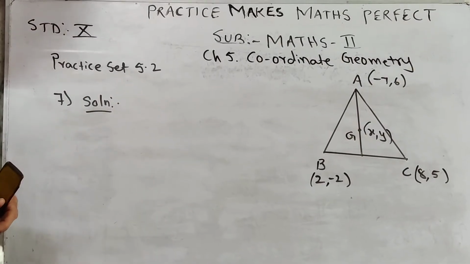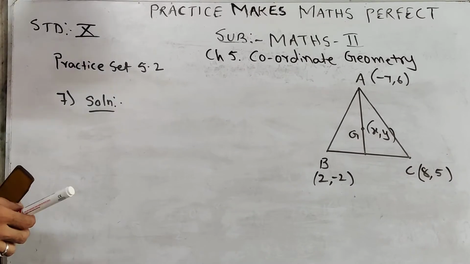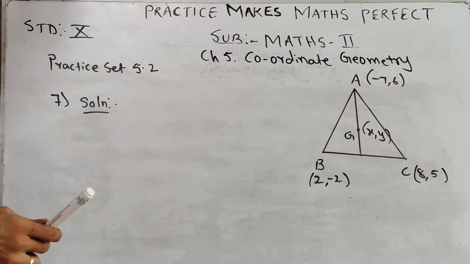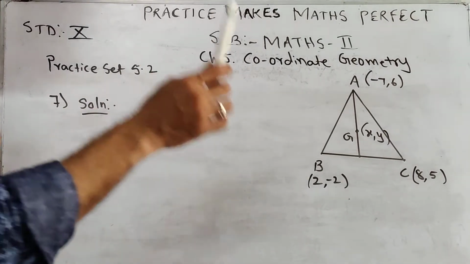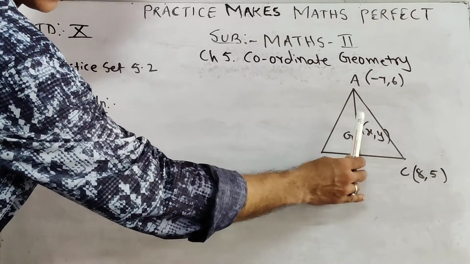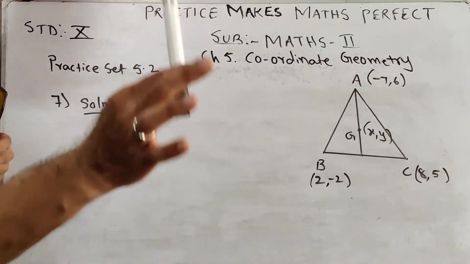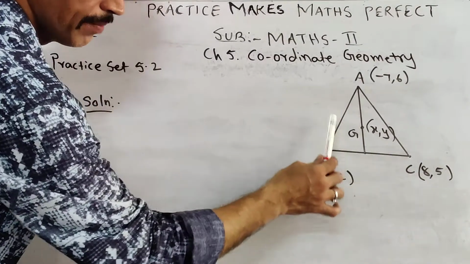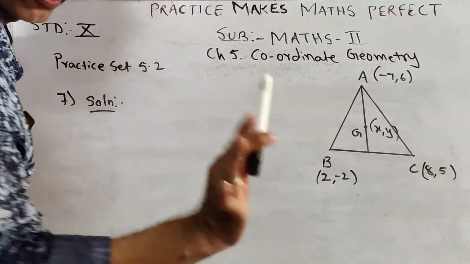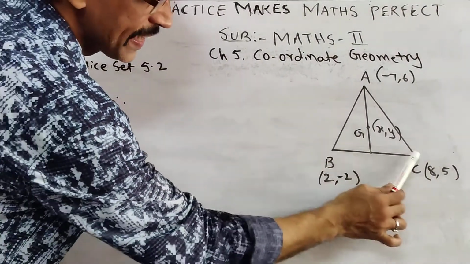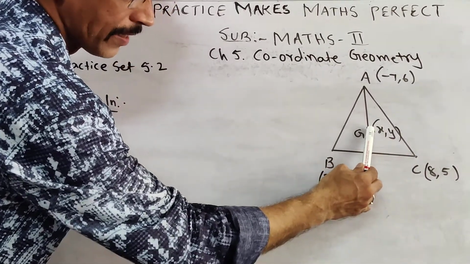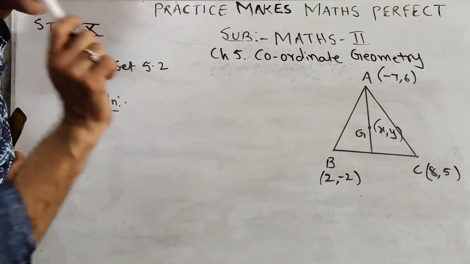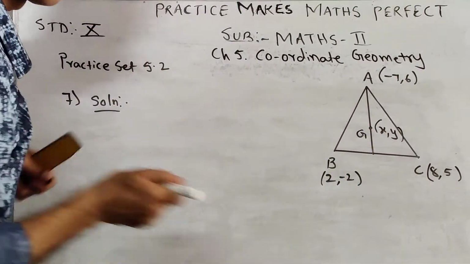Now my dear students, come to sum number 7. Sum number 7 is to find the centroid of a triangle. You know the centroid formula which I taught you. A centroid comes from the medians. When all three medians intersect at a single common point inside the triangle, that point is called the centroid.